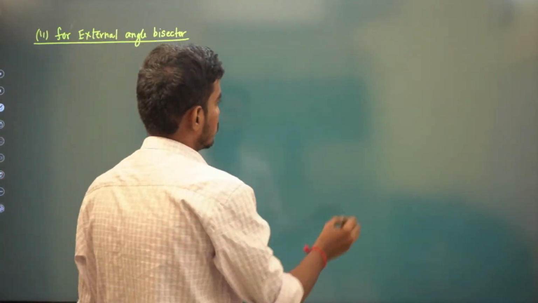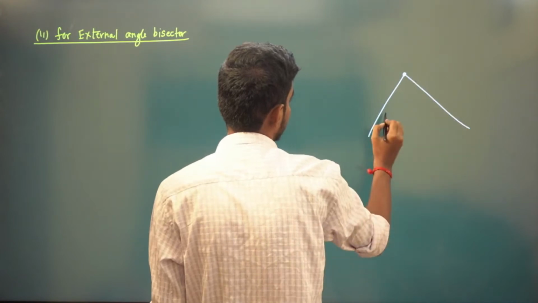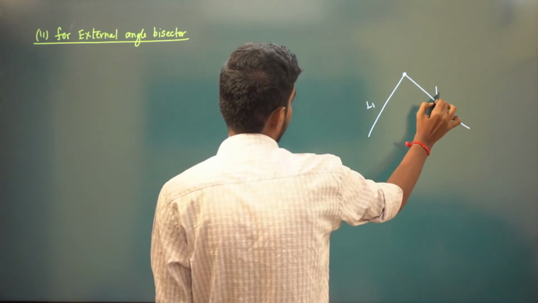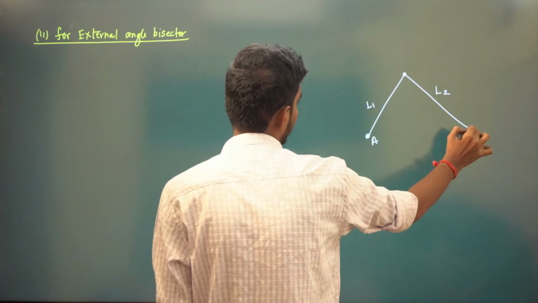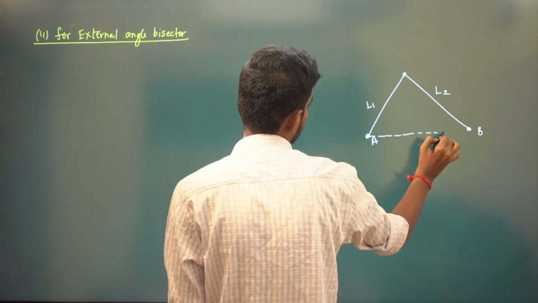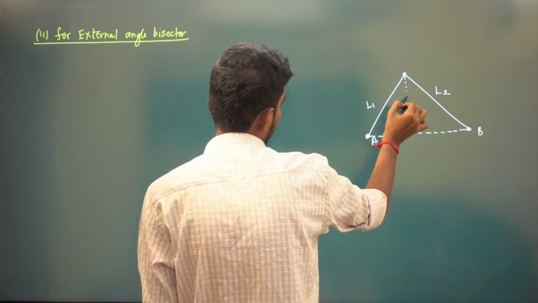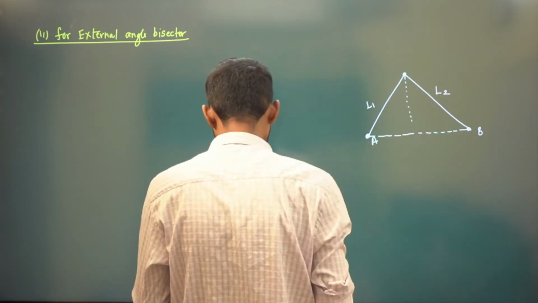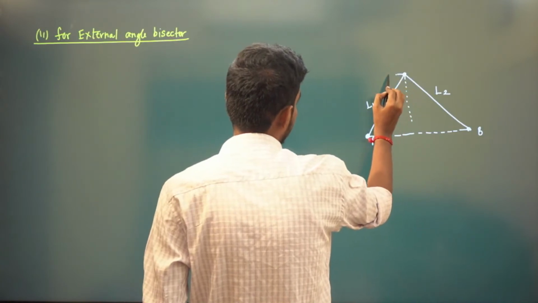Again, consider the same diagram, but here it has to be externally bisecting. This is our line L1, this is our line L2. Same assumptions, that the length of OA and OB is 1. See, this is your internal angle bisector. Now we need to find the external angle bisector. So this is our external angle bisector.